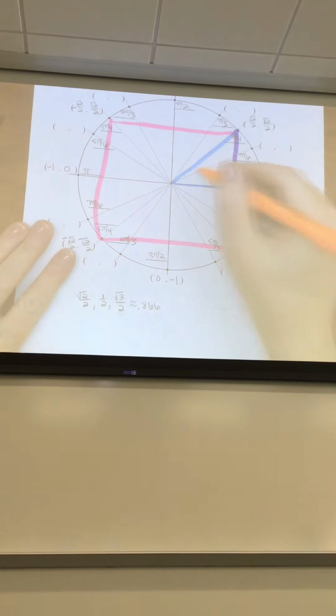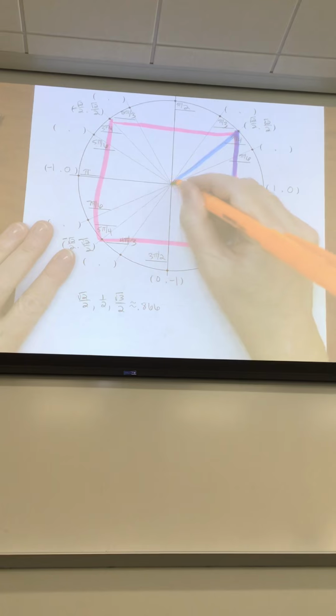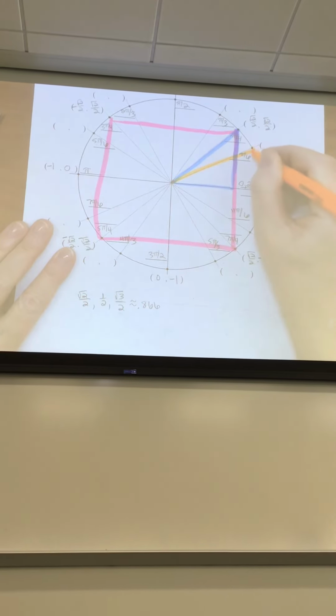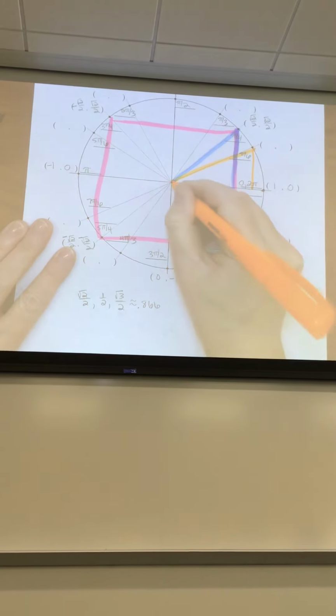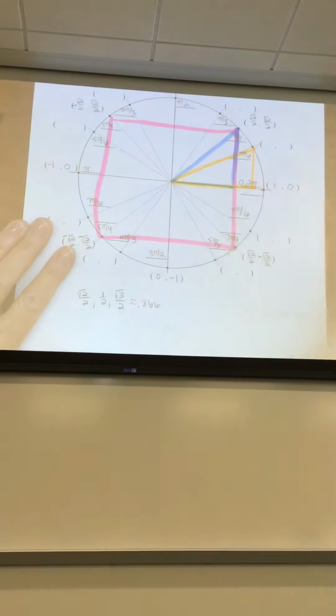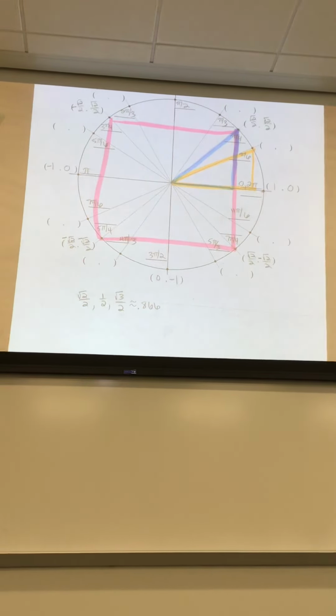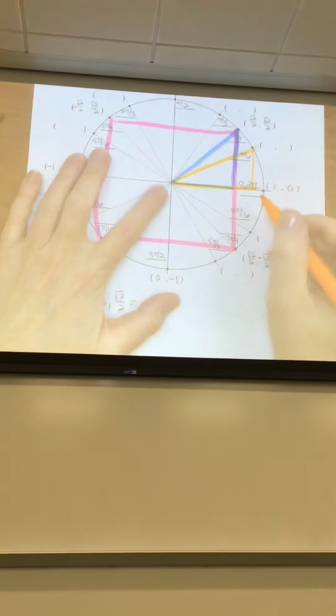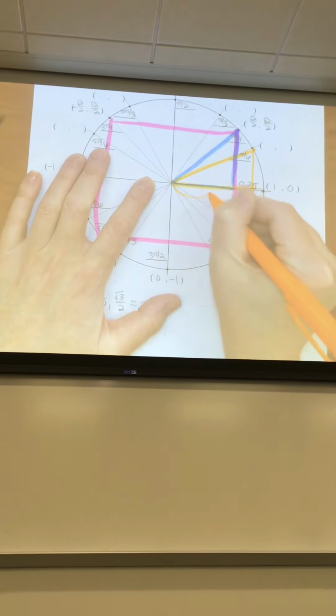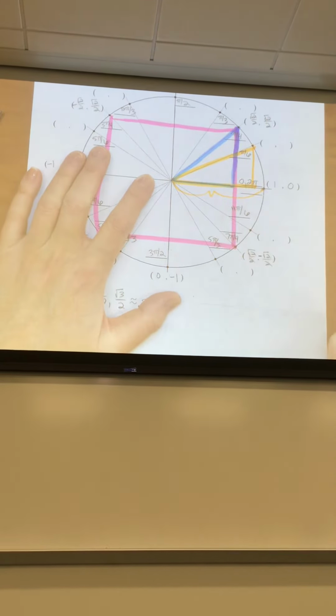Let me draw a triangle going to π/6. Okay, we know that this whole length is 1.